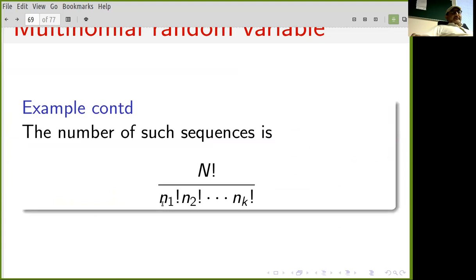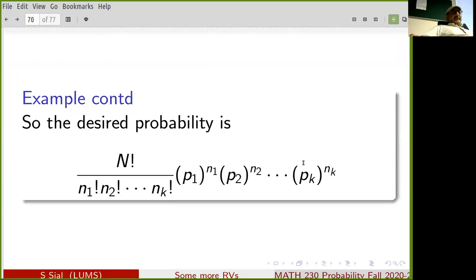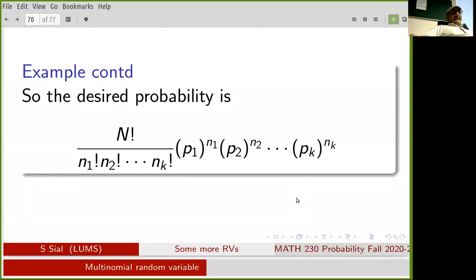It's N factorial divided by n1 factorial, n2 factorial, up to nk factorial, where n1 plus n2 plus n3 up to nk is equal to capital N. And so that's the desired probability. And now we've generalized to the multinomial random variable.